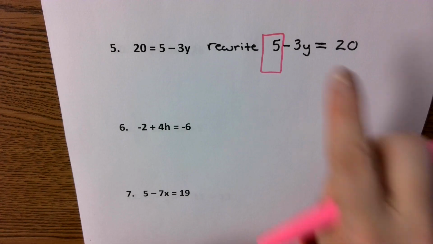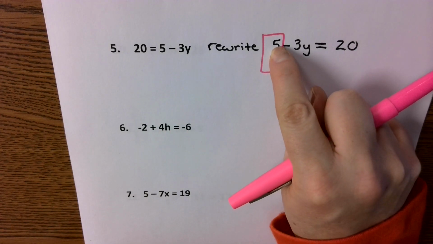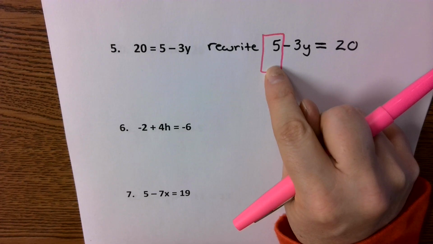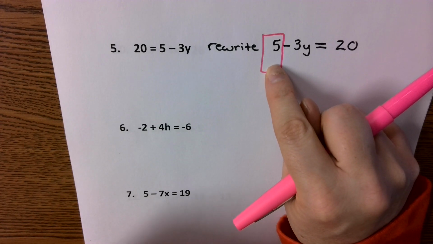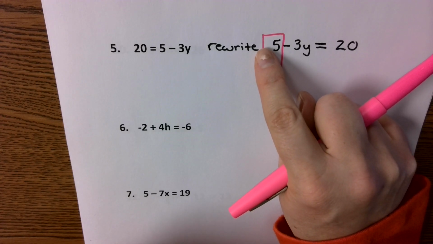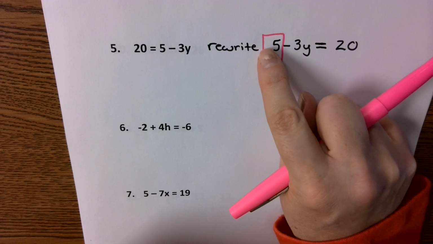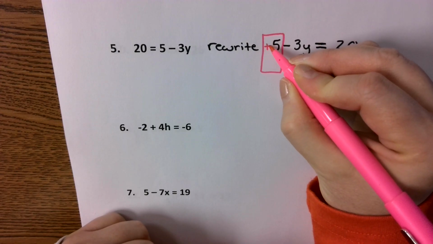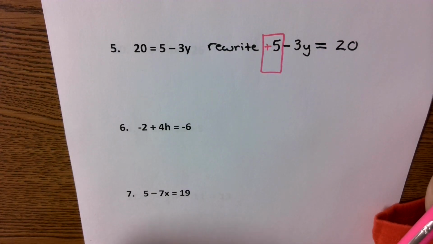But let me ask you, what is 5 plus 5? 10. So did we get to box it and cross it then? Did it go away? No. It just became another number. So what's the invisible value that's in front of that 5? The invisible sign. A plus sign, right? There's an invisible plus sign that's in front of that 5.